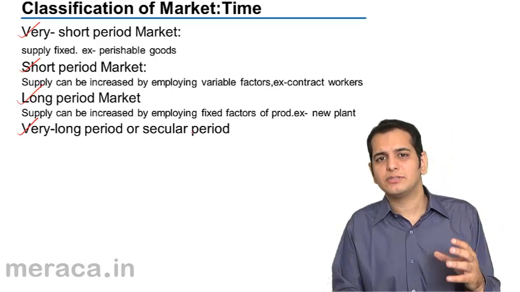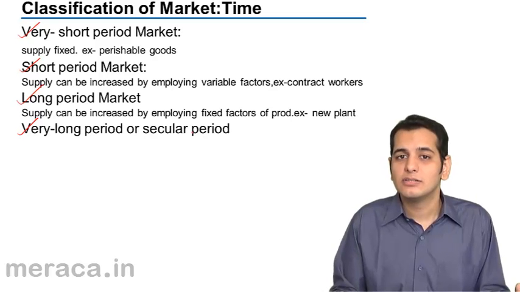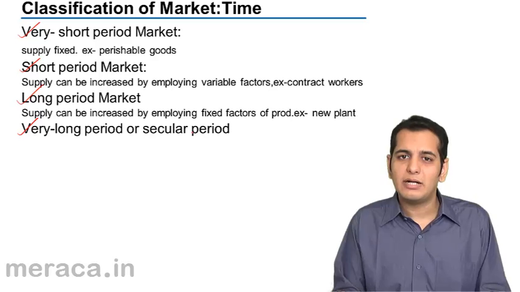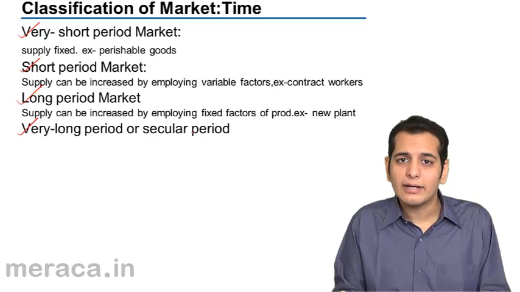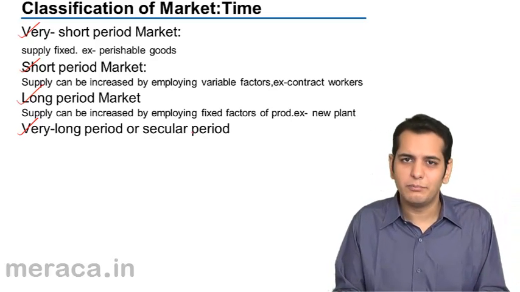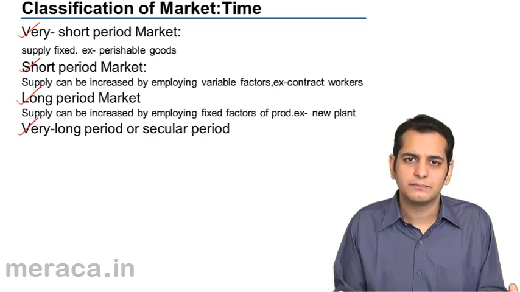And thus, what happens is when you consider very long period, the market becomes secular. Secular in the sense that the forces of demand and supply act against each other, and thus they set the equilibrium in the market in terms of price and the quantity as well.